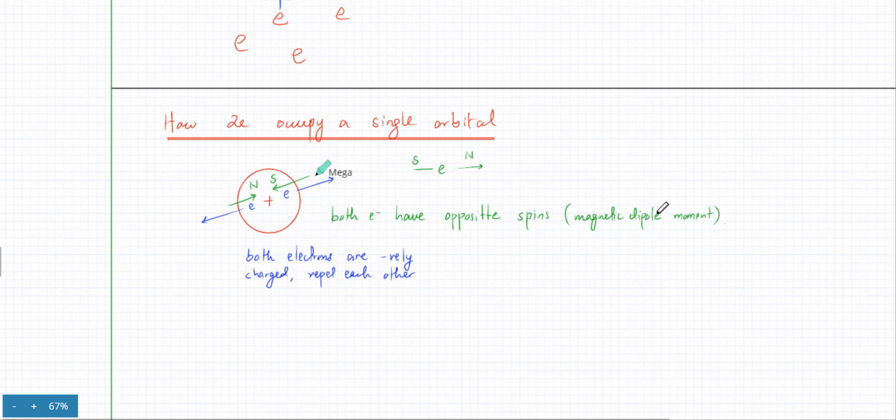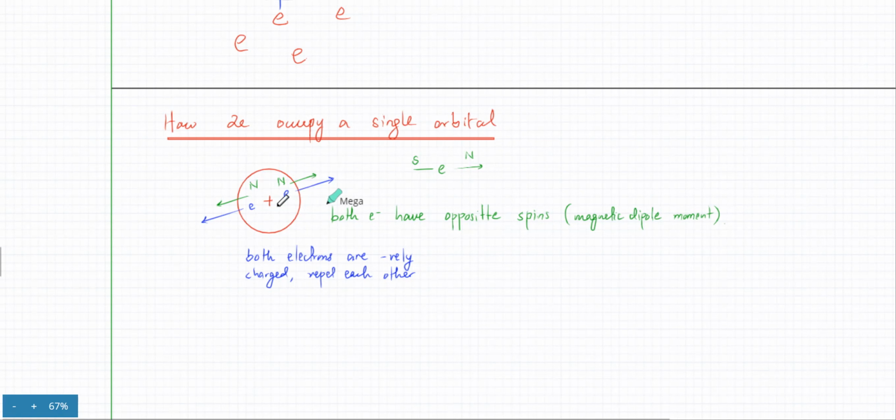Because if both electrons have north poles on this side, then the problem would be that even the magnetic field would be repelling. So the 2 electrons can in no way stay in the same orbital, because there's going to be too much repulsion.